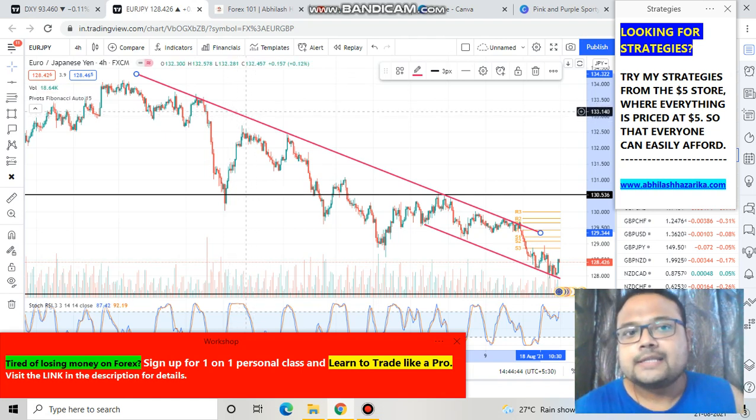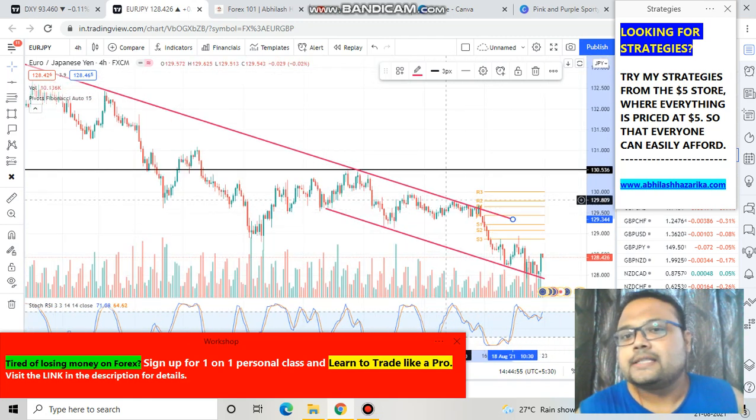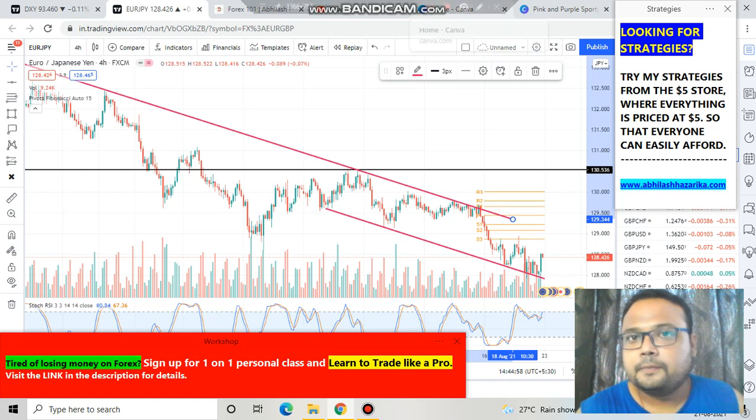This trend line is a dynamic resistance for the market, because you can see that whenever the market was trying to go up, it was facing resistance from above, and this trend line is still a valid resistance for the market.